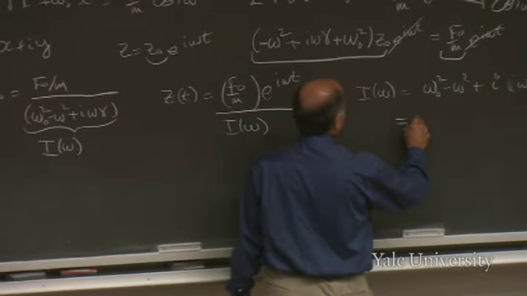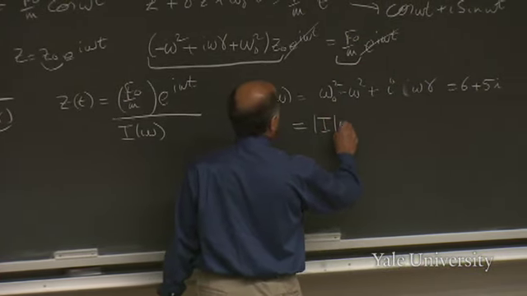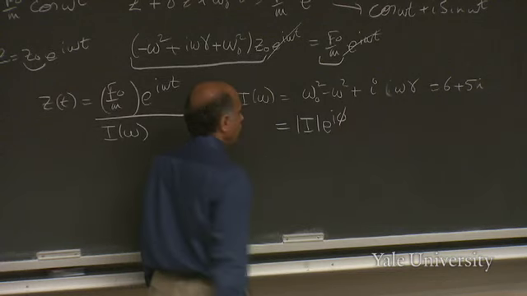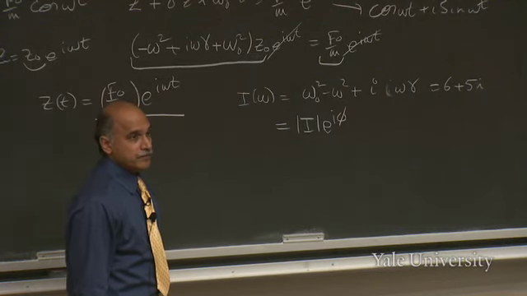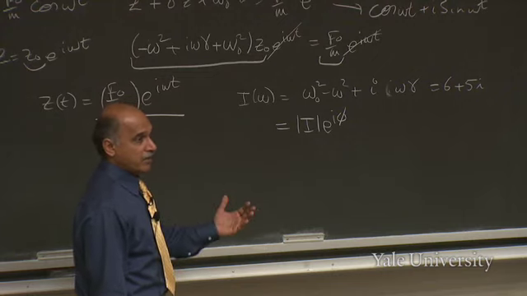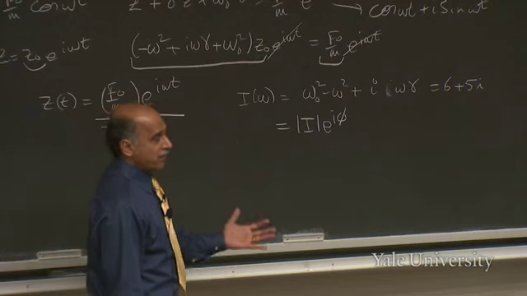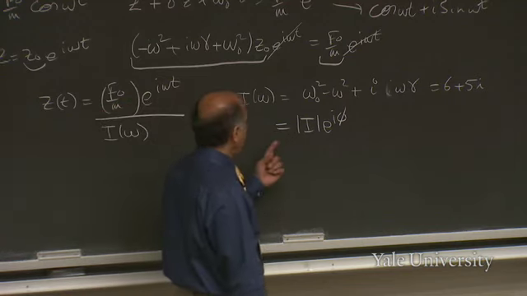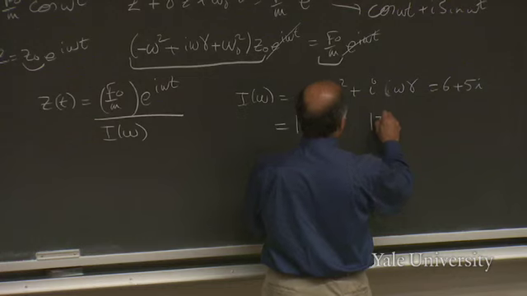Every complex number we know can be written as an absolute value times e to the i phi. Every z looks like mod z e to the i theta, because then it's mod z cos theta, which is x, plus i times mod z sine theta, which is iy. So every complex number can be written that way. And what will be the magnitude?